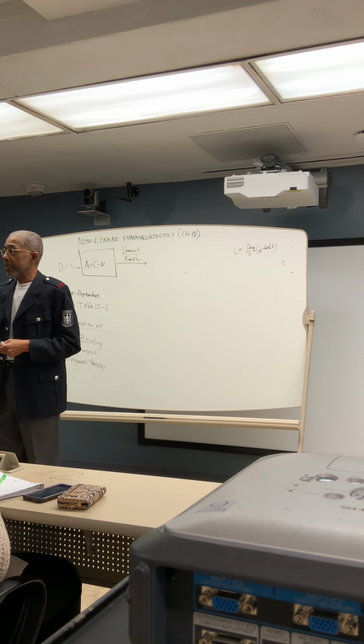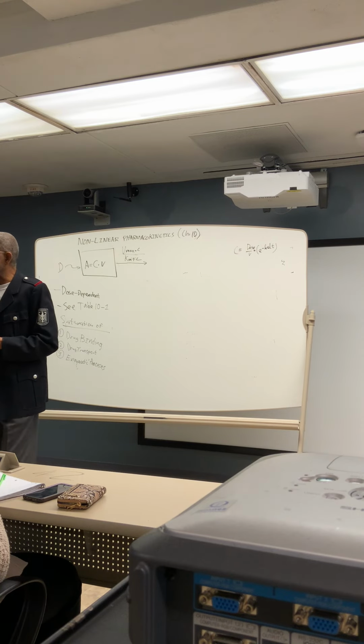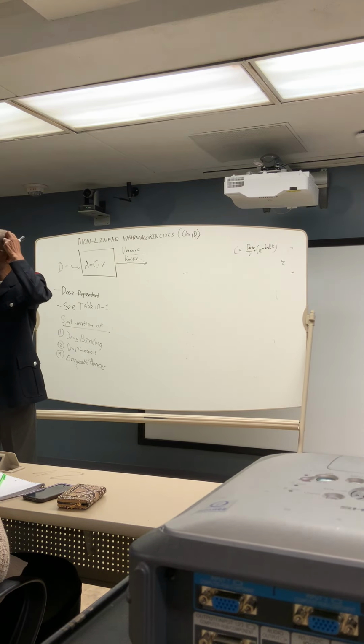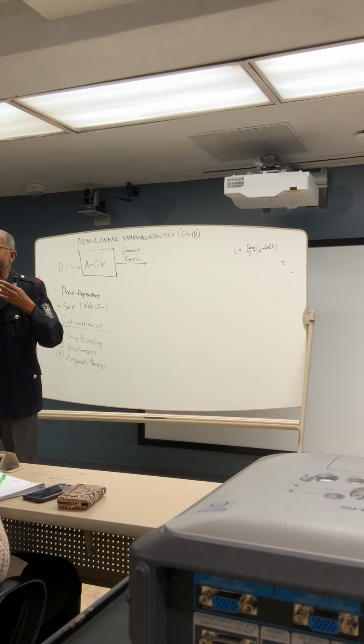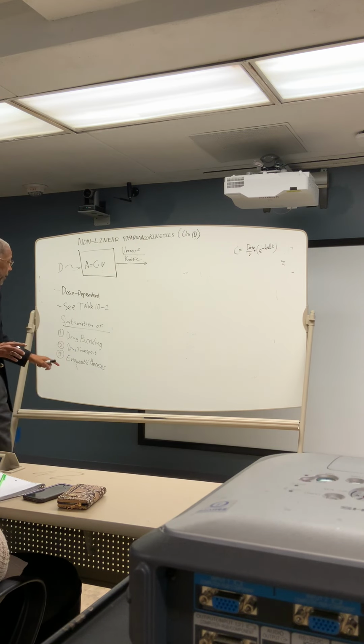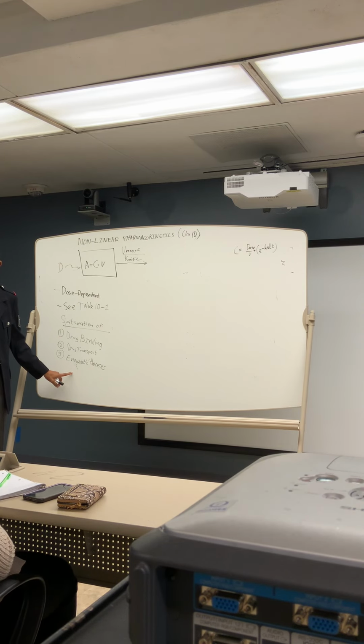But for some drugs like phenytoin, the therapeutic concentration, the concentration we need to achieve to keep the patient from convulsing and having seizures, is high enough that we begin to saturate the metabolism of phenytoin. Therefore, phenytoin shows dose-dependent or nonlinear pharmacokinetics.